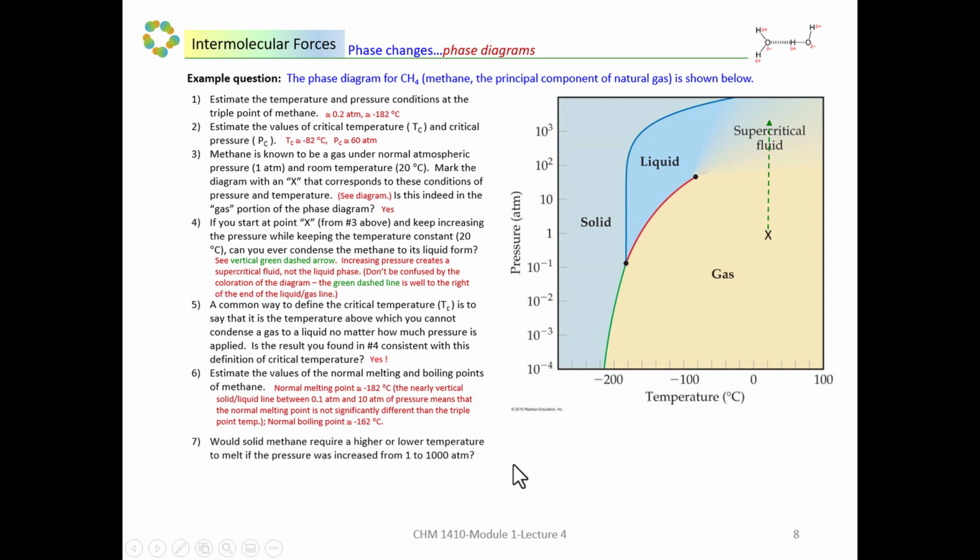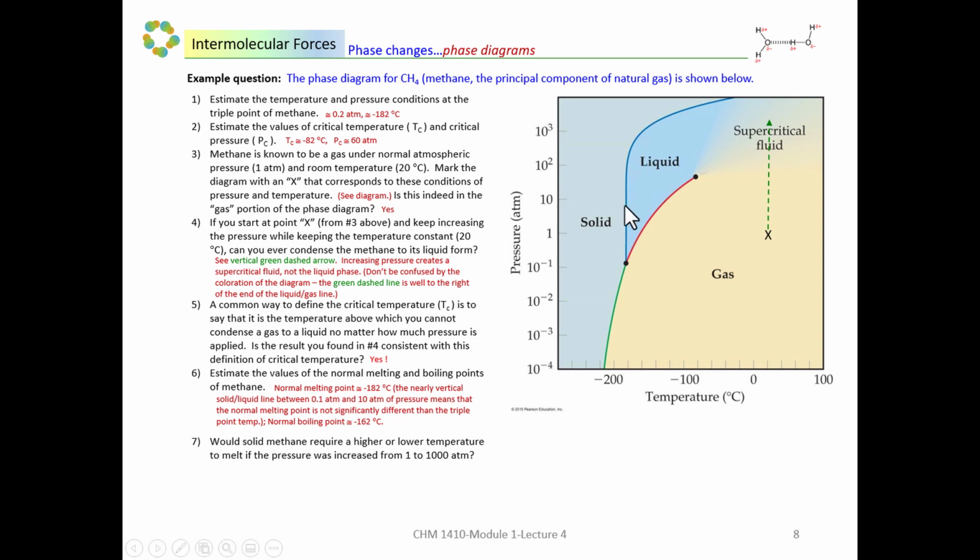Would solid methane require a higher or lower temperature to melt if the pressure was increased from 1 to 1,000 atmospheres? Well, 1,000 atmospheres is up here, 1 atmosphere is here, and what we're looking at is the melting point along this blue line.